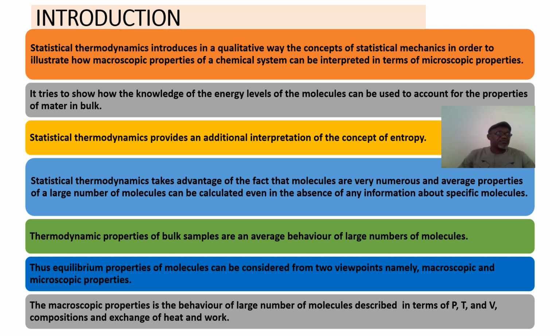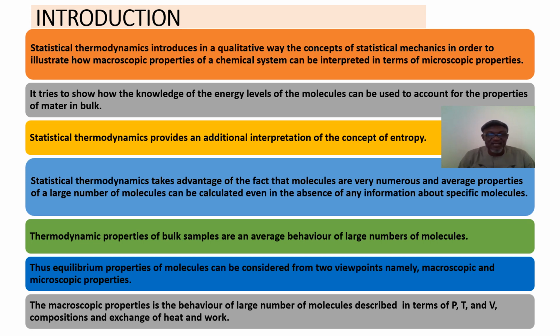So when you have 1 million molecules, you will not start looking for the behavior of individual molecules. Just like in a class, if we have maybe about 200 in biochemistry and close to 100 in chemistry, we can decide to look at the behaviors as per the class, not trying to look at the individuals.